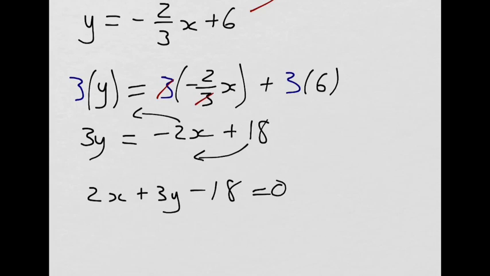Okay, so in this case we have a as 2, b as 3, and c is negative 18. So what's the key to turning something into general form? Eliminate the fractions and then bring everything to one side.